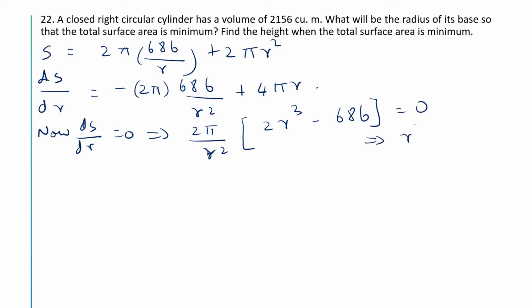So from this we have R cube is equal to 686 divided by 2, it is 343, it is nothing but 7 cube. Therefore R is equal to 7.